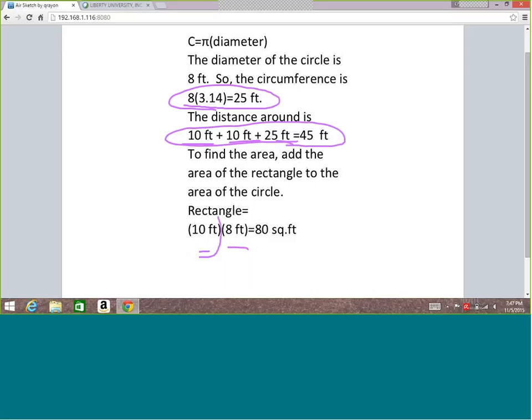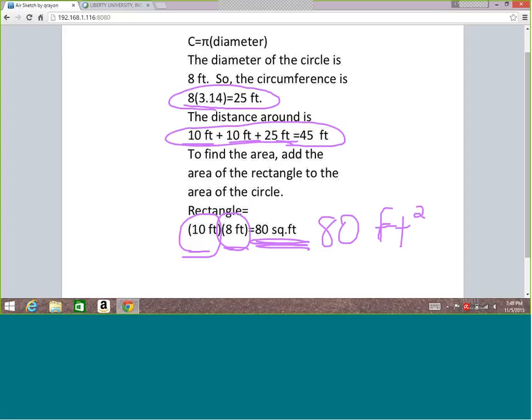Notice when you multiply 10 feet times 8 feet, you get 80 square feet, or you might see it written like this with like FT with the little 2 up there. That's the same thing as square feet because you're multiplying feet times feet. Area always has square units because it's dealing in 2 dimensions. So you need to show that in the units, okay? So the rectangle is 80 square feet.